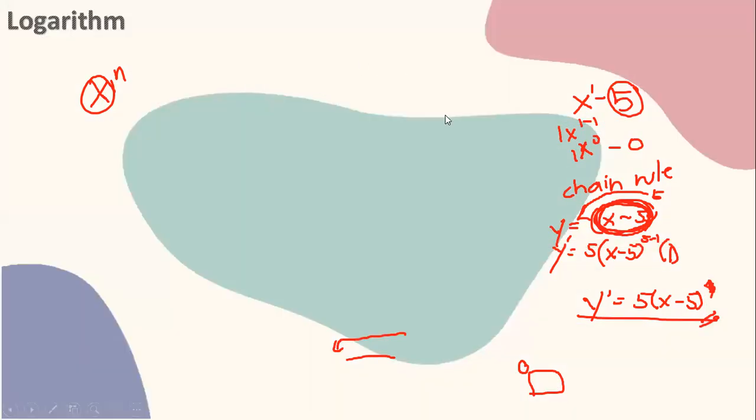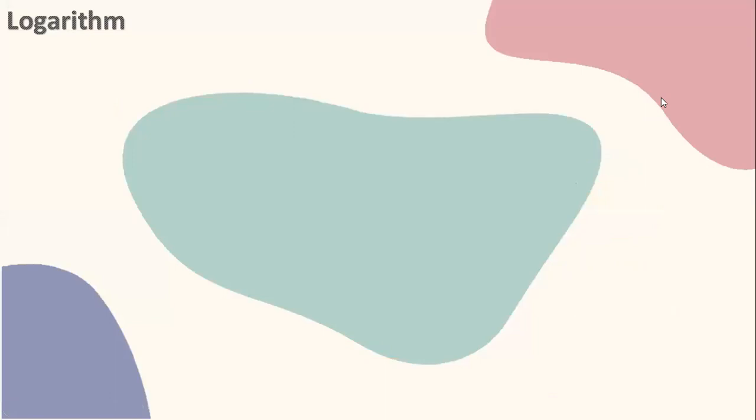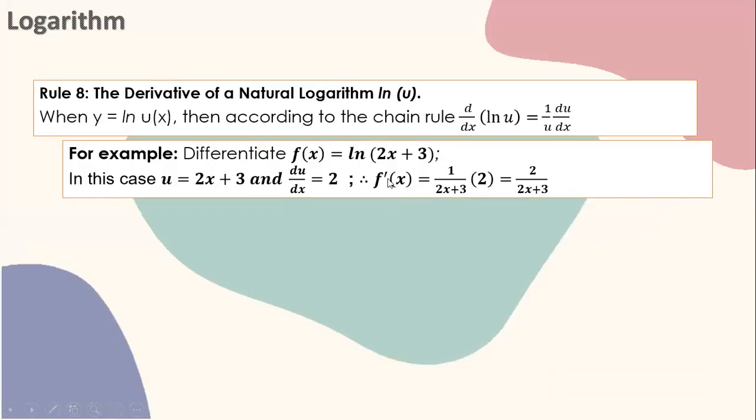So under logarithm naman tayo. So ano kayang derivative ng logarithms? So first, the derivative of a natural logarithm, ln of u. Okay? So derivative of a given y is equal to ln of u of x.